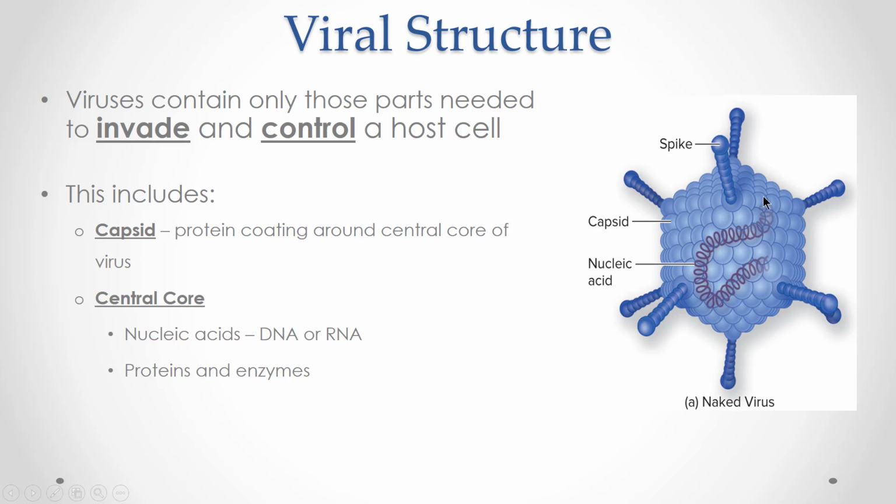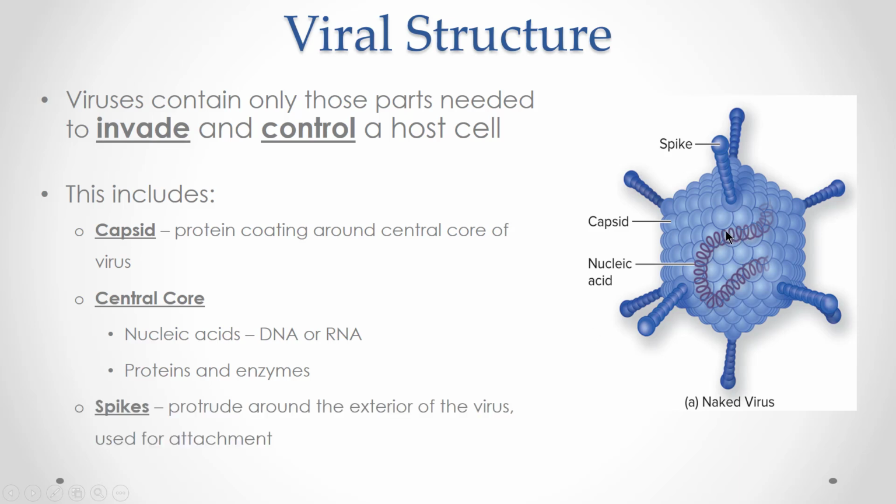This is meant to show that it's hollow inside, or at least there's an internal cavity there. And then what you'd find inside there, the central core, would be primarily the nucleic acids. These would be like your DNA and your RNA. And then some viruses will have additional proteins and molecules tucked inside there as well. So you have the outer shell, the capsid, and then the central core.